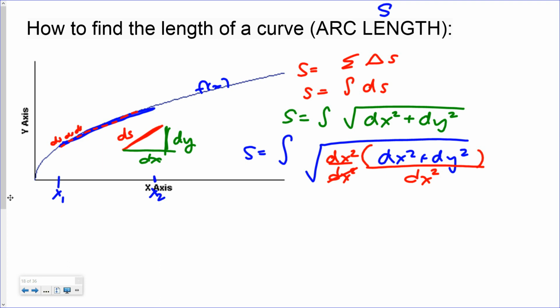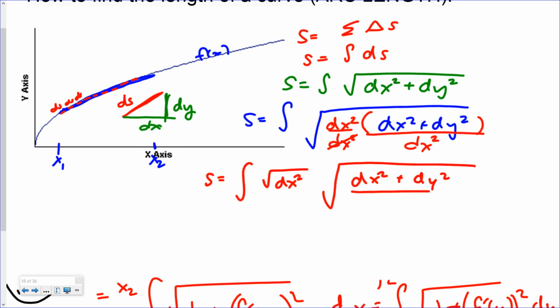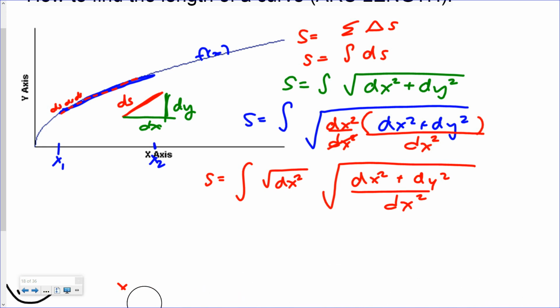Then I'm going to split these into two different square roots. Let me just do it and it'll make sense. I'm going to say this is equal to the square root of dx squared times the square root of dx squared plus dy squared over dx squared. Am I allowed to do that? If I re-multiplied all this together, would I get that same thing that I had on the top? I know you don't buy it, but too bad, it's true. So what is the square root of dx squared really?